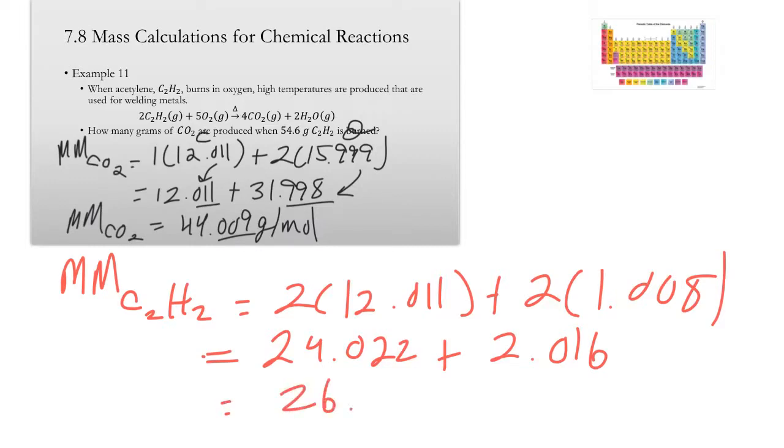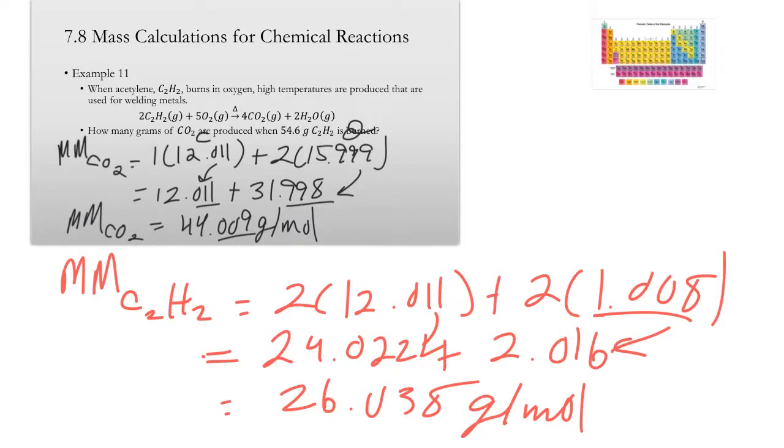We get a total of 26.038 grams per mole. Now, looking at significant figures, this had 4, 2.016 has 4, 12.011 has 5, 24.022 has 5. We're adding, so we look at decimals, 3 and 3, so we get 3 there. And that is the molar mass of acetylene.